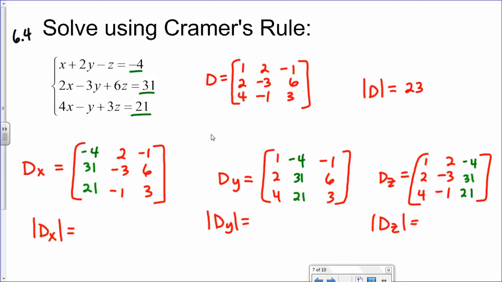Okay, so Dx should be 46. The determinant of Dy should be negative 23. If you're still working.